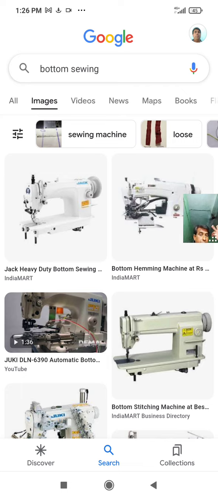So both technical terms and non-technical terms, so that your knowledge will be improved. So this is bottom sewing. Bottom sewing is one kind of machine. So these are some things that I don't understand actually. So you guys have to tell me after returning from the industrial training.